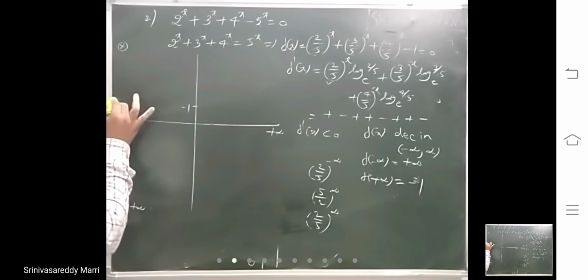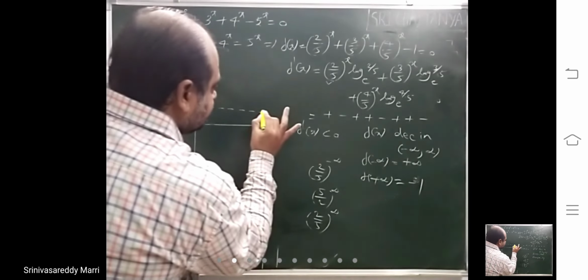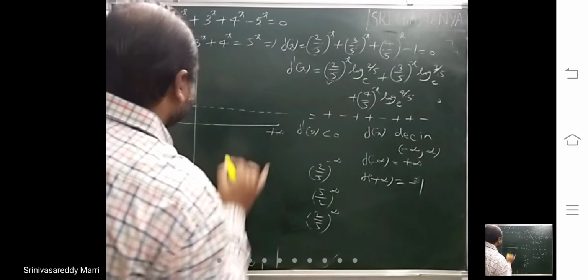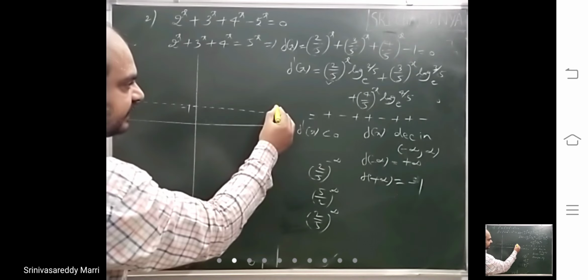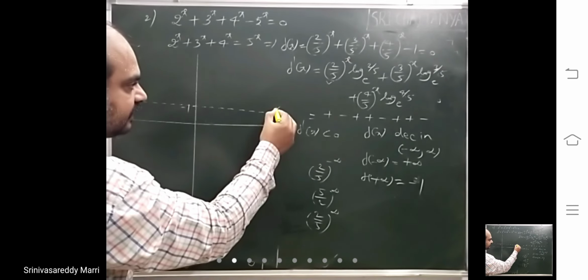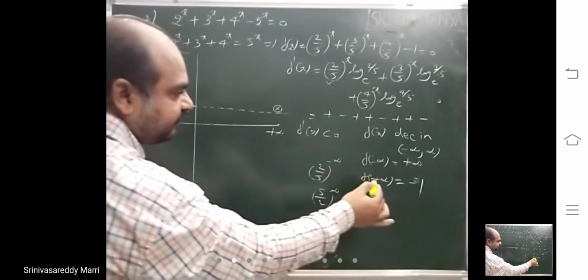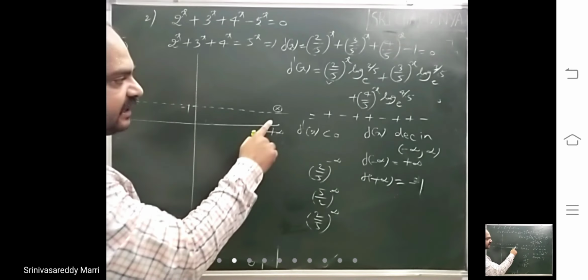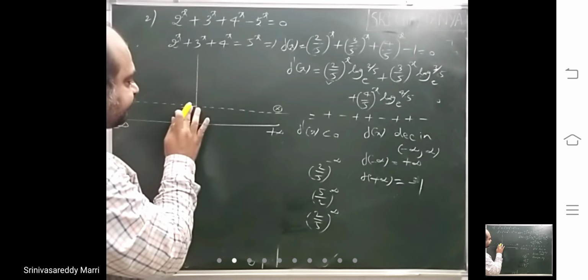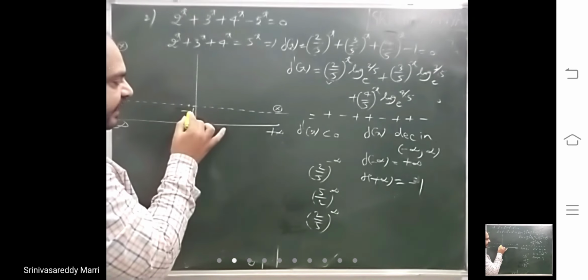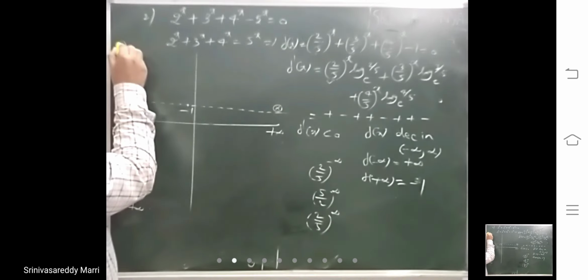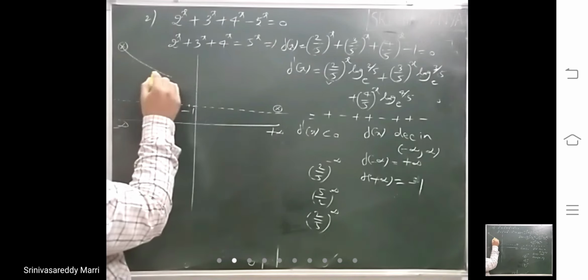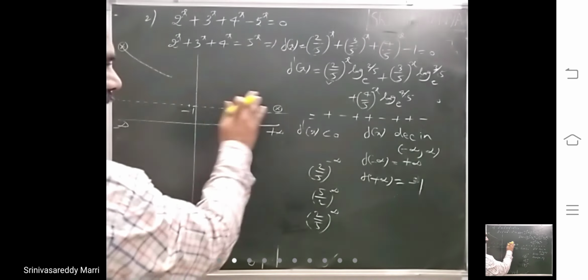Look, at minus 1 you draw like this. At plus infinity, the graph will be close to minus 1, not exactly minus 1, but it will be closer and closer. So connect this point to this minus 1. This is minus 1. At plus infinity it will be close to minus 1.